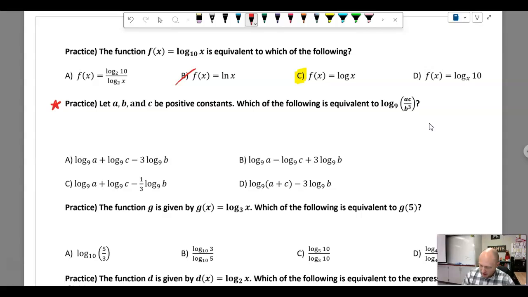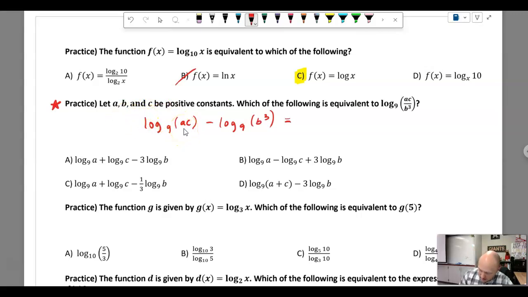So I'm going to deconstruct this in pieces. Since I'm dividing, that indicates subtraction. So we have log base 9 of ac minus log base 9 of b to the power of 3. And here I'm multiplying, so that's going to indicate addition.